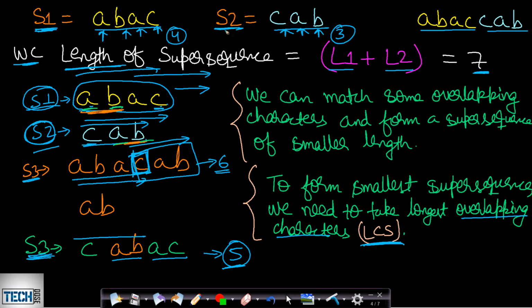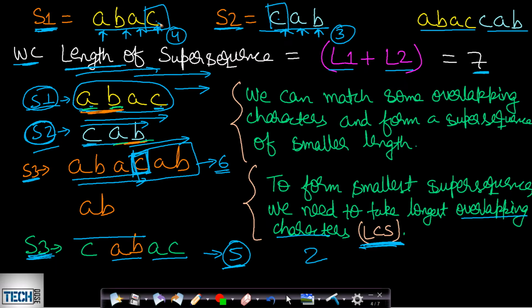But since you are considering now the common characters by using this LCS, therefore let us say you are considering only one common character. Then you can see that if you consider one common character, then you will have to include this character only once and not twice. If you are not considering the common characters, then this C will occur 2 times.